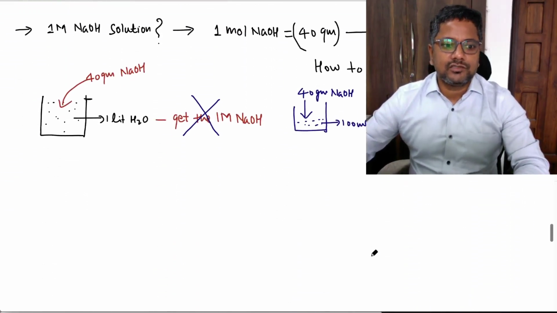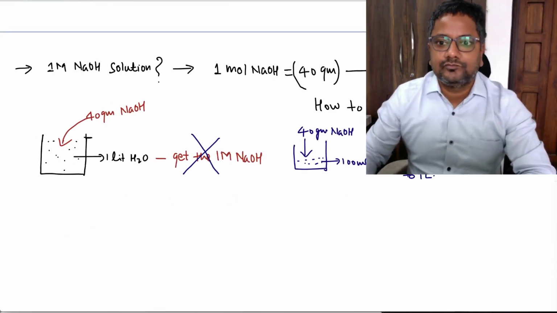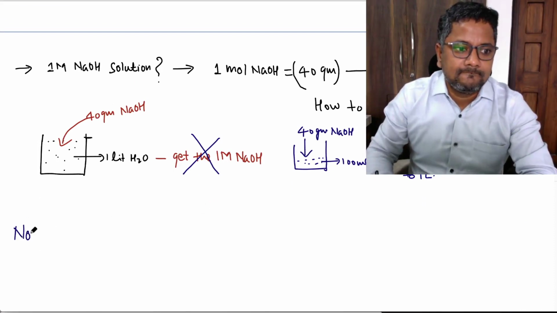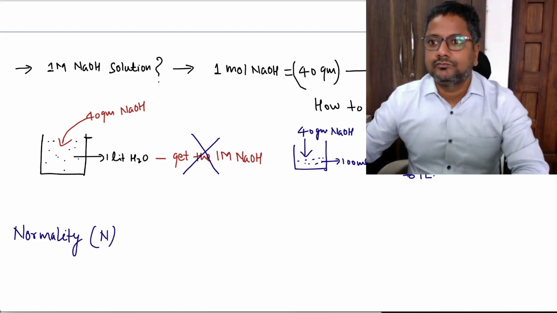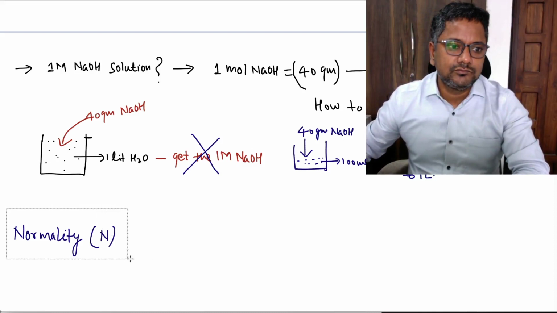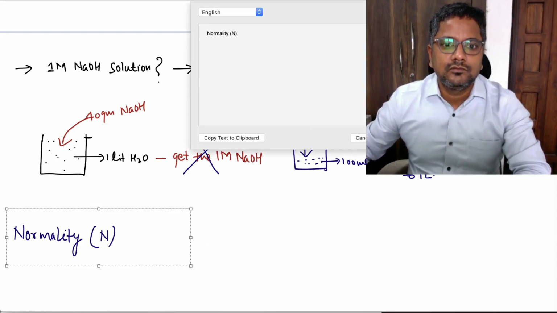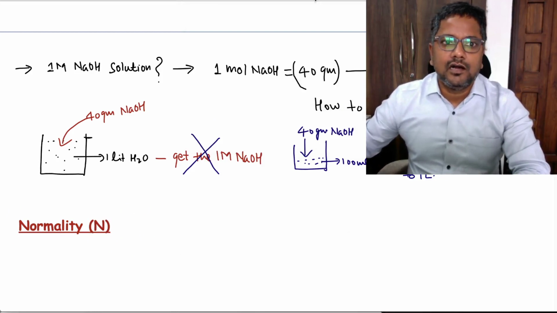Now come to the next concentration term, that is normality. The standard symbol for this is N. So this is normality, and how to define it?